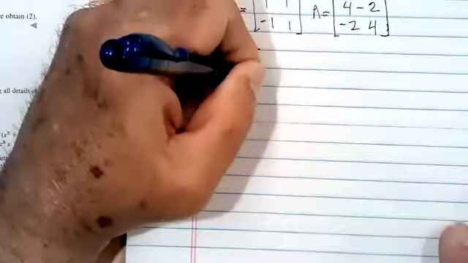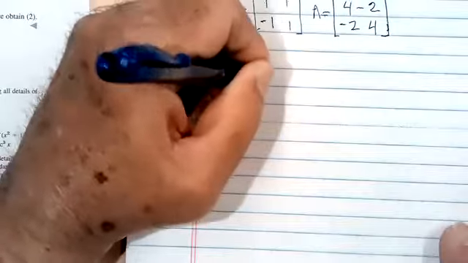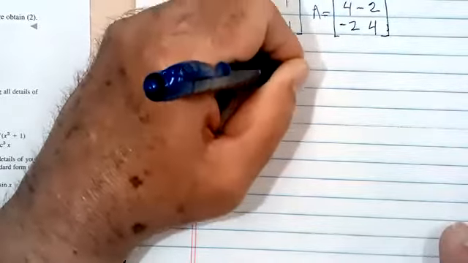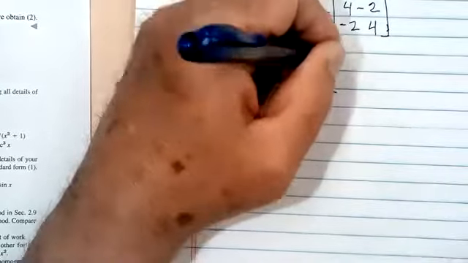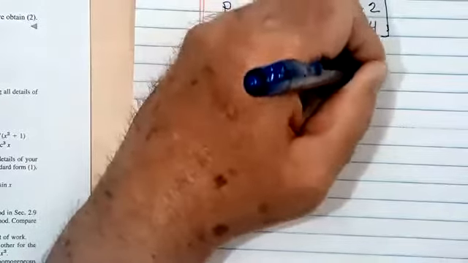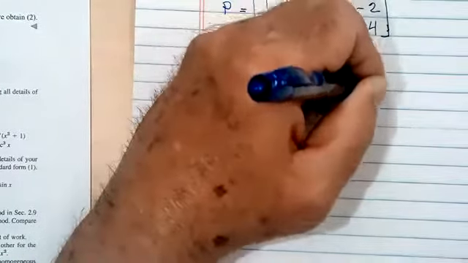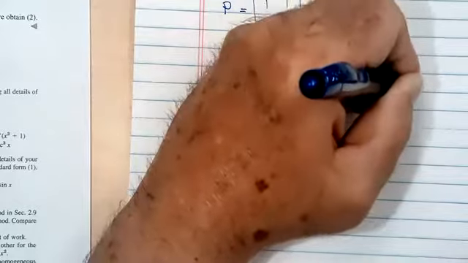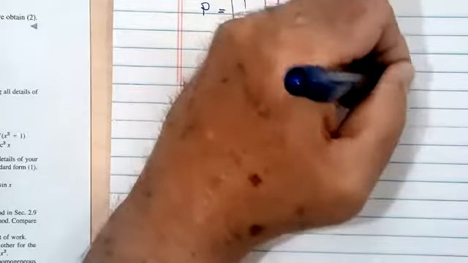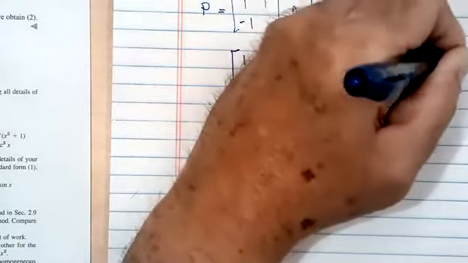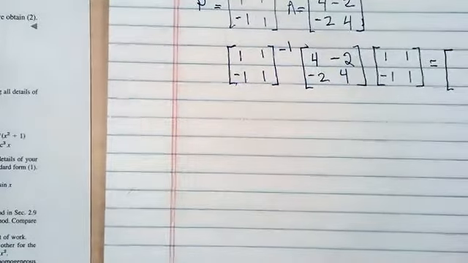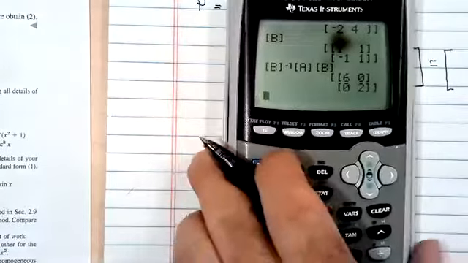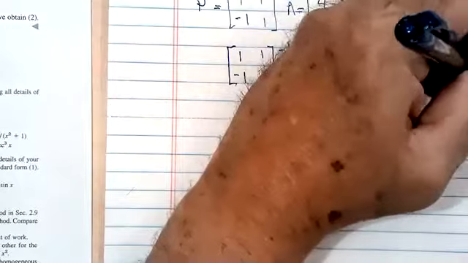If you start with this matrix, which is the matrix of eigenvectors, compute the inverse, multiply it by A, multiply it by this P matrix again, you get a matrix that has the eigenvalues down the diagonal. In this case, 6 and 2.